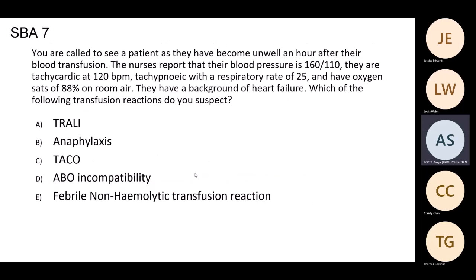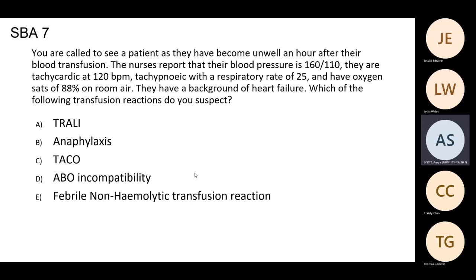So next SBA is open poll. You're called to see a patient as they've become unwell an hour after their blood transfusion. The nurses report that their blood pressure is 160 over 110.